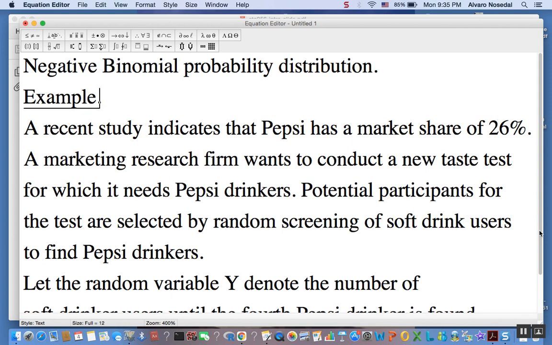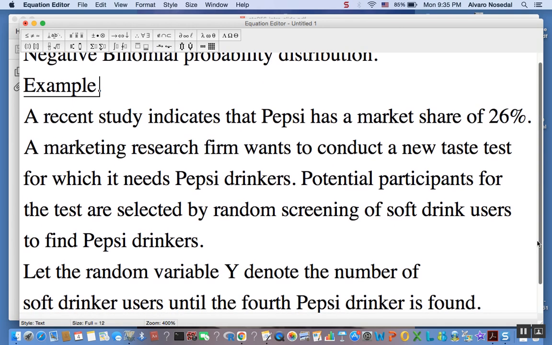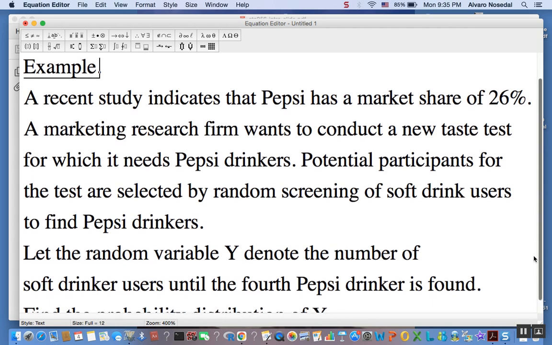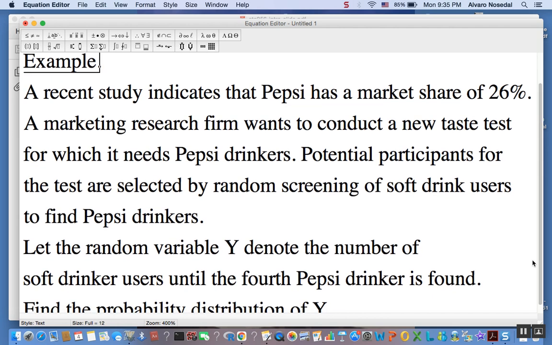For that they need Pepsi drinkers. So what they do is they contact randomly selected soft drink users from that population of soft drink users.